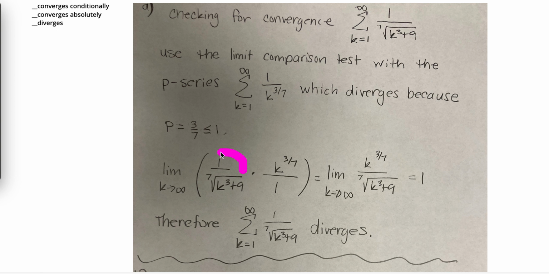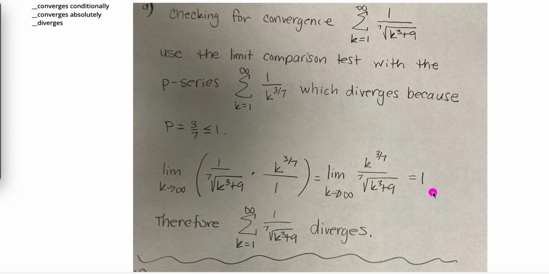So here is my expression from this series. And when I divide by 1 over k to the 3/7, that's the same as flipping and multiplying by k to the 3/7 over 1. So now when I take the limit as k goes to infinity, this is going to approach 1.